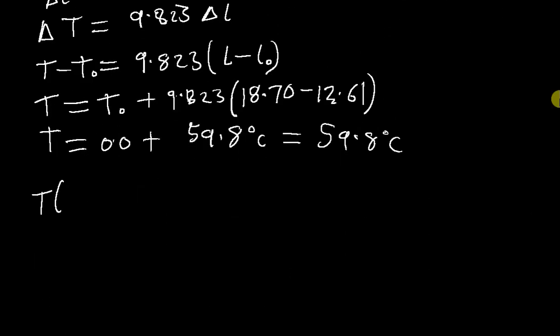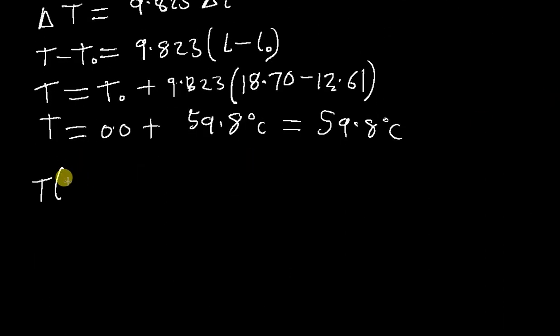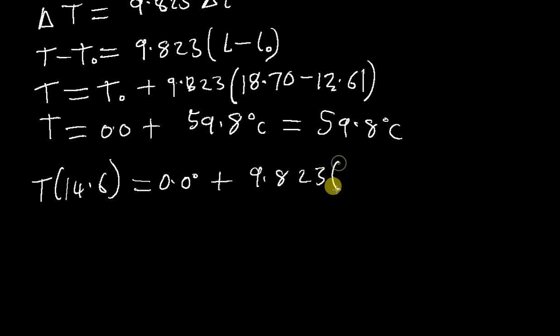So T of 14.6, if you want you can write it this way: T is equal to the initial temperature, which is 0, and then plus, of course we know that this is 9.823 open brackets, 14.6, and then minus the initial length, which is 12.61.